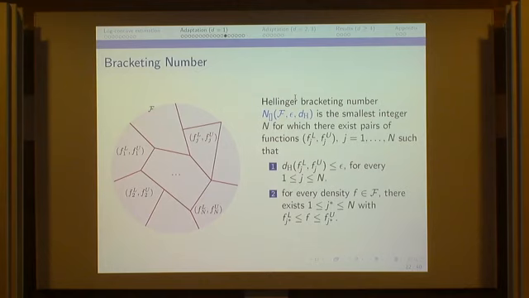So this number is the smallest integer capital N such that there exist capital N pairs of functions, where these pairs are at most epsilon Hellinger distance apart, and for every density f in the class that we want to cover, there exists an index j star such that the density is sandwiched between the upper and the lower function of the pair.